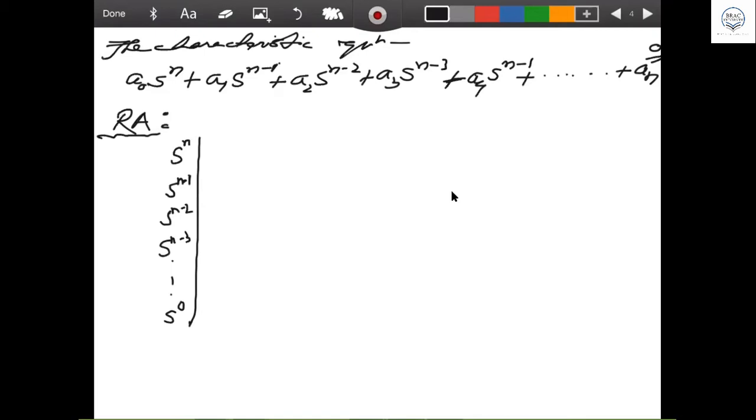Now, on the right side, he developed the matrix. How he developed it, all of you please look at it very carefully. First of all, he took the first element, that is the coefficient, then omitted the next one, then took the following element, then omitted the next one, then took the following element, and so on. He continued taking elements that way.